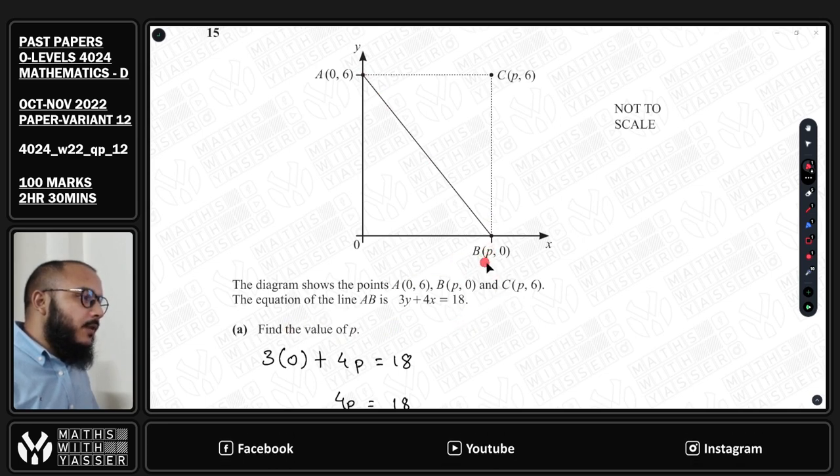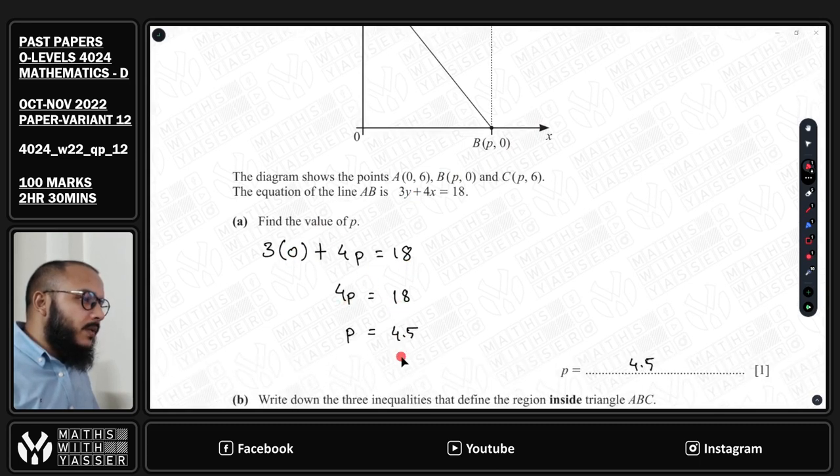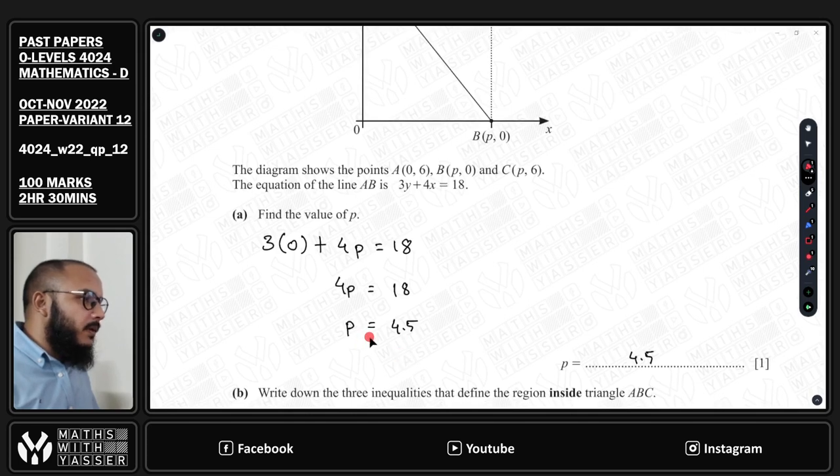In order to find the value of p, we at least know one of the coordinates of the point B. Over here, y is 0. So I'm just substituting the value 0 in the equation, and I'll be getting 3 times 0 plus 4p equals 18, which is 4p equals 18. That will give me the value for p, which is 4.5.